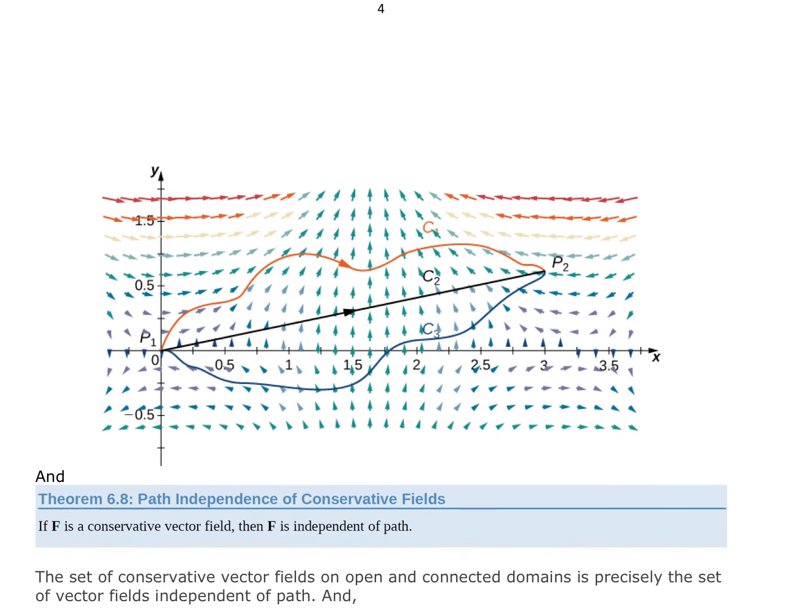So if I take a look visually, here's my vector field. I start here, I end there. I can go straight, or I can go around this way, or around this way. Either way, I'll get the same answer.